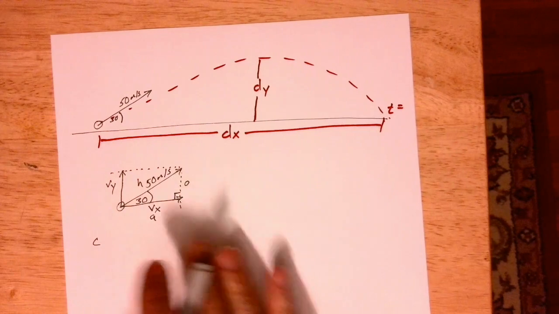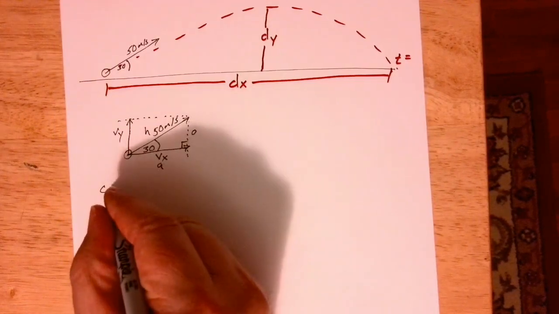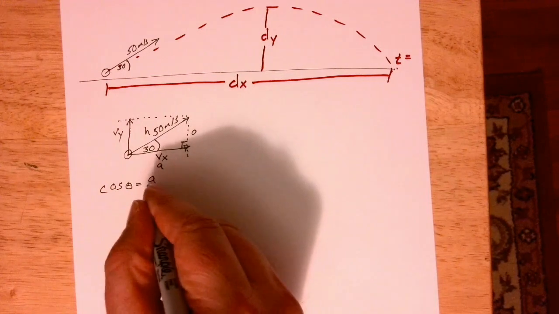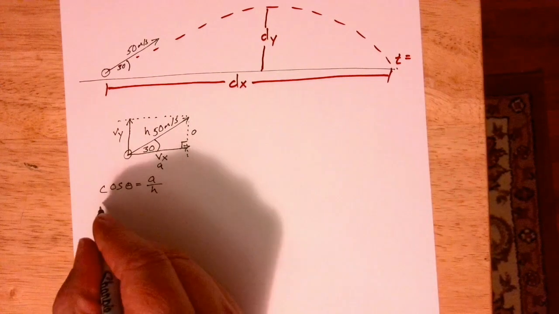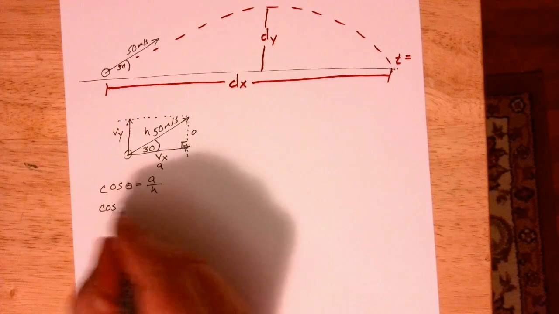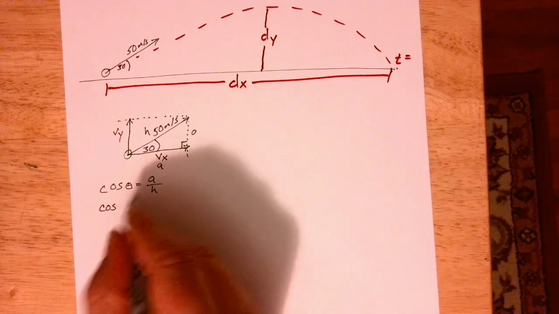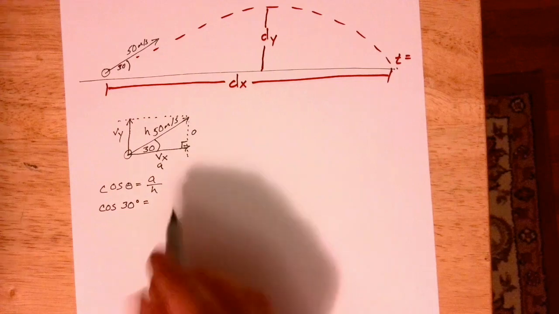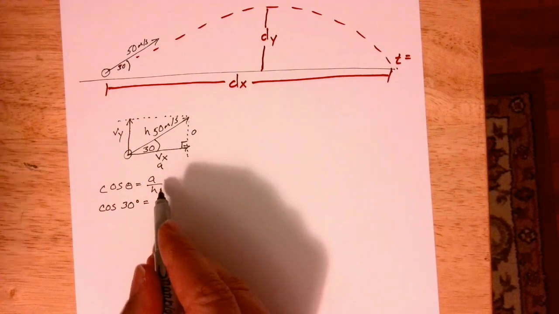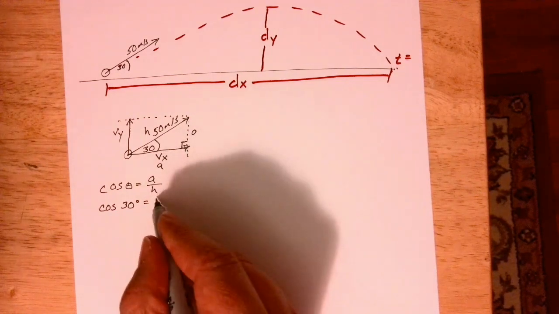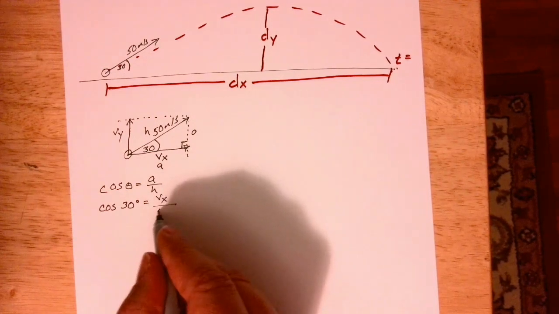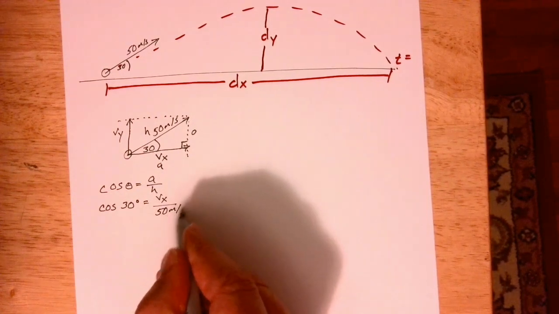So cosine theta is equal to the adjacent over hypotenuse. So the cosine of theta, which is going to be your 30 degrees, is equal to your adjacent. Your adjacent is v sub x, and the hypotenuse is your 50 meters per second.